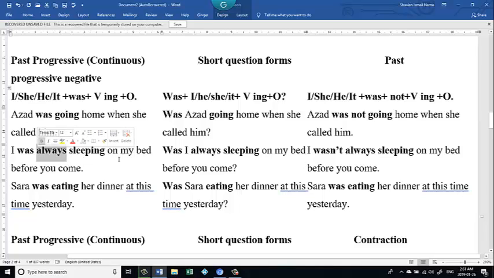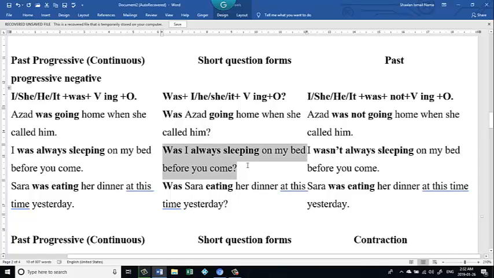Then here we have on my bed is the second action, which also happened in the past. Then how to make a question, short answer. Then we're going to take the auxiliary verb, place it in front of the subject. For example here, was I always sleeping on my bed before you come?